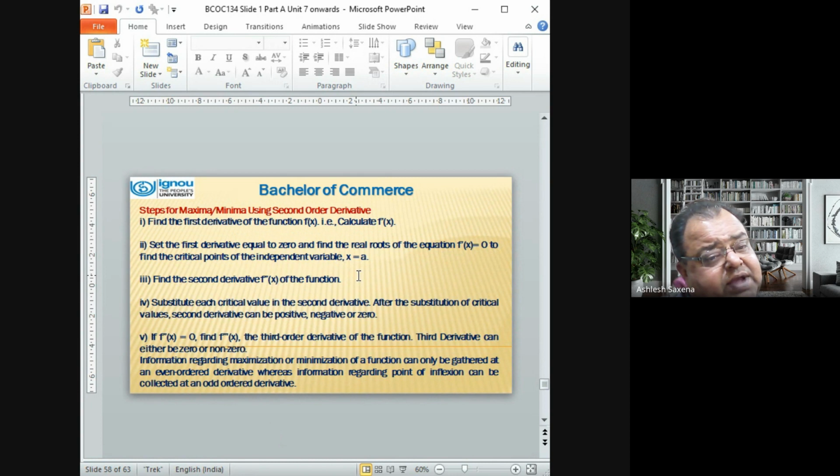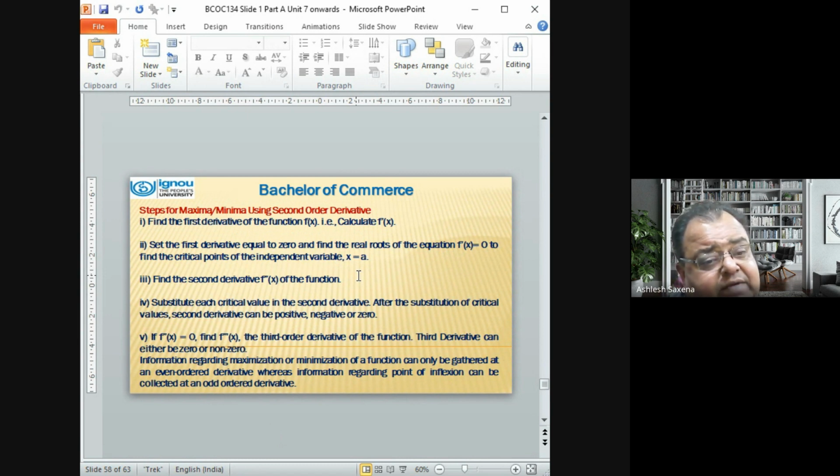Now substitute the critical values in the second derivative. After the substitution, the second derivative can be positive, negative, or zero. If the second derivative is greater than 0, it is a local minimum. And if the second derivative is less than 0, it is a local maximum.